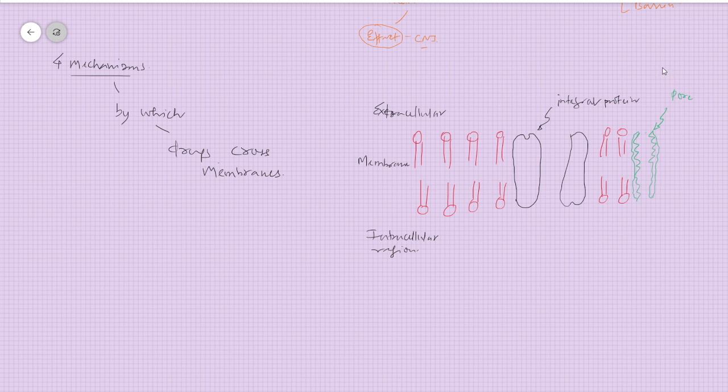So the technical name would be aquaporins. So this is an aquaporin channel. It's a pore through which water can enter, and we can continue to draw the membrane. So this is a membrane. It's a lipid bilayer. So these are the phosphate groups, and these are the lipid bilayer. There are two layers of lipids, this and this. So this is basically a representation of the Singer-Nicholson model.